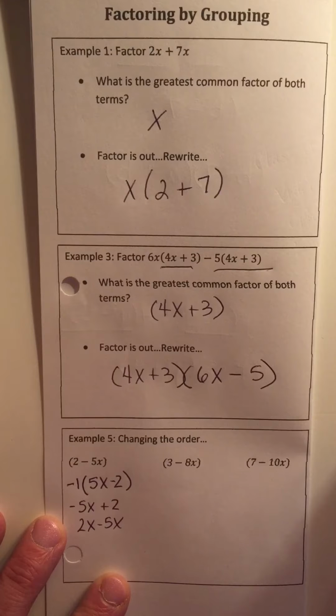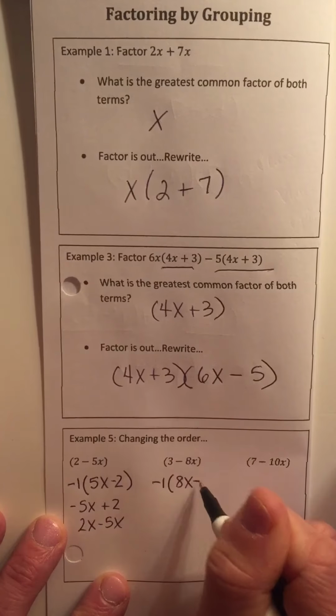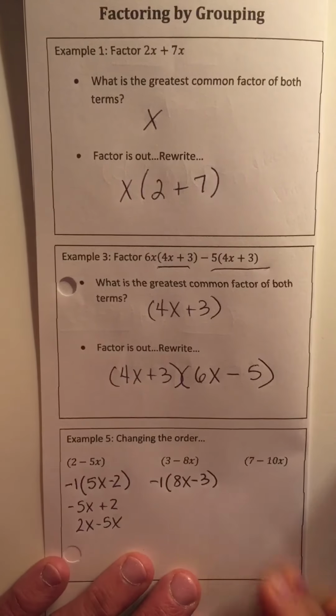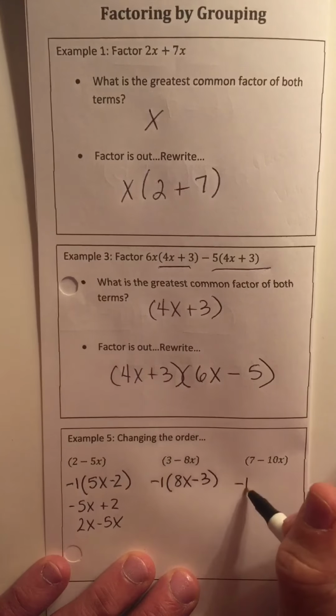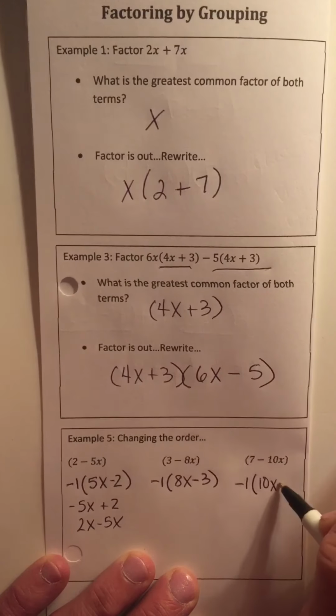Okay. 3 minus 8x, again, to change the order, factor out a negative 1 times 8x minus 3. 7 minus 10x, factor out the negative 1, and it becomes 10x minus 7.